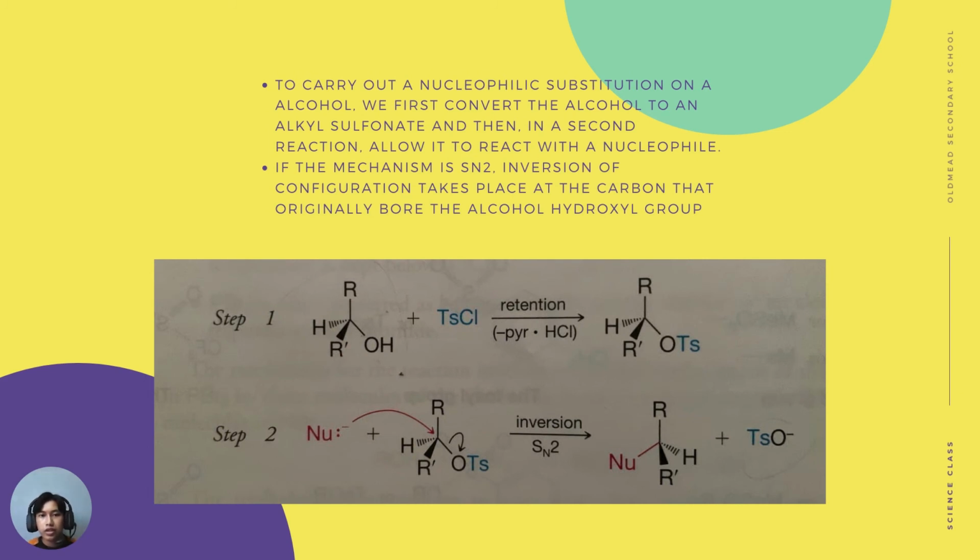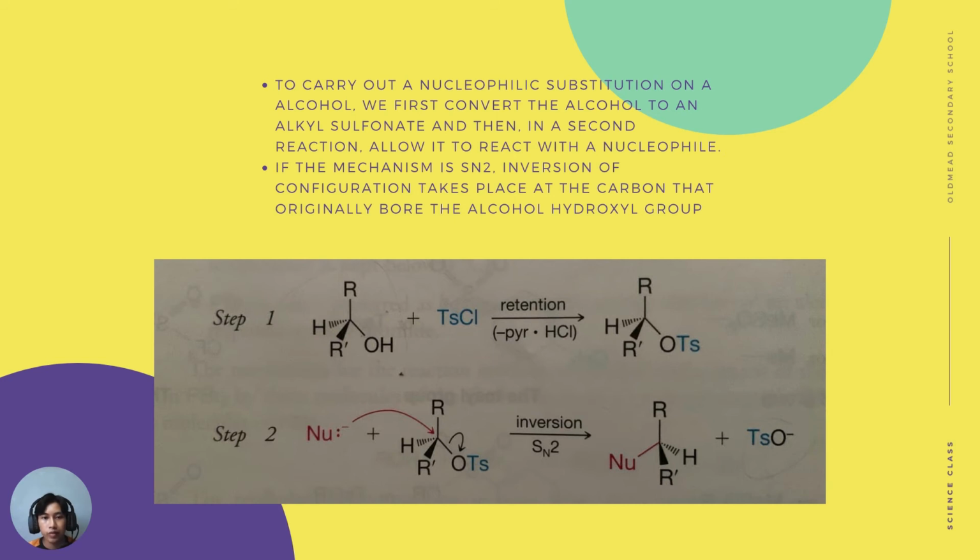To carry out a nucleophilic substitution on an alcohol, we first convert the alcohol to an alkyl sulfonate and then in the second reaction allow it to react with a nucleophile. If the mechanism is SN2, inversion of configuration takes place at the carbon that originally bore the alcohol hydroxy group.